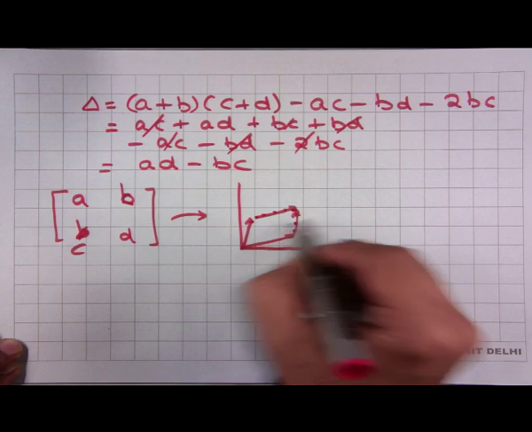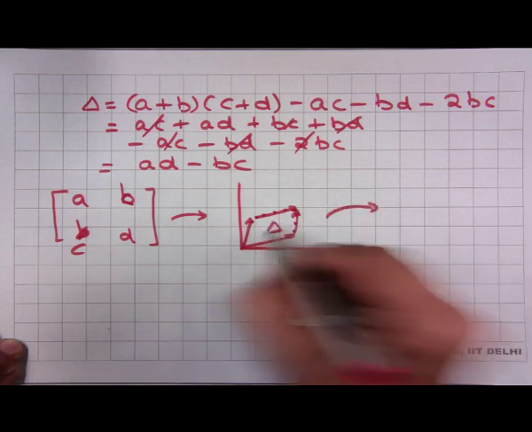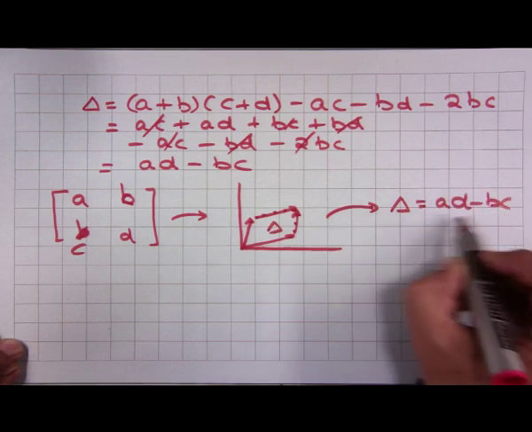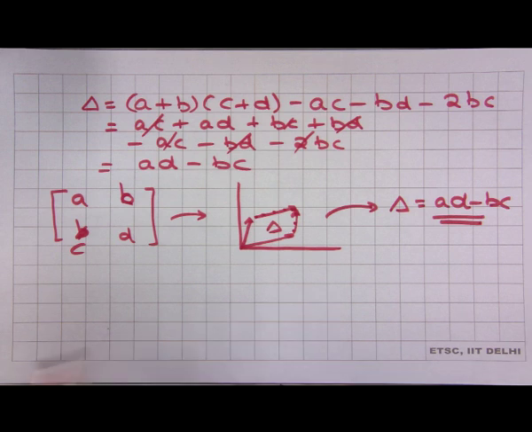And this area, this delta, we have shown is nothing but ad minus bc. So, this number which has now come up in the second context, this is what we are going to call a determinant. So, this is what goes back to the initial point that we wanted to understand, that the determinant is a number, and not just any number, it is a useful number.